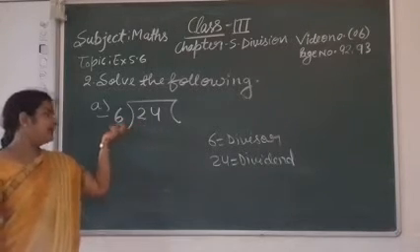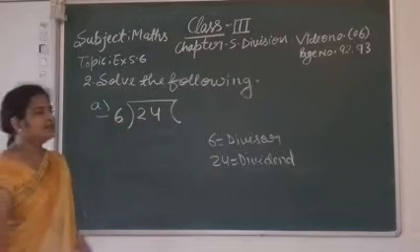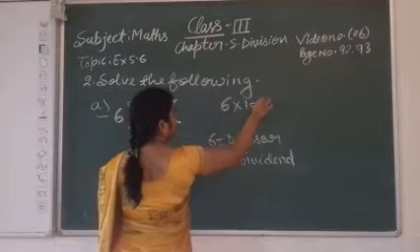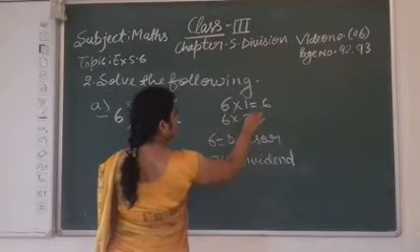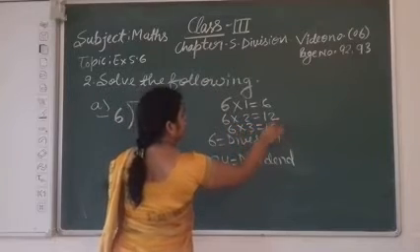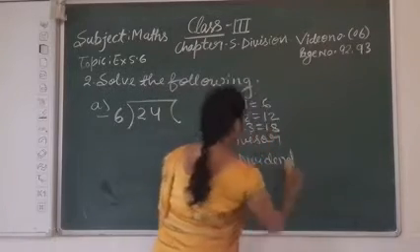You should read the table of 6. 6 1s are 6, 6 2s are 12, 6 3s are 18.